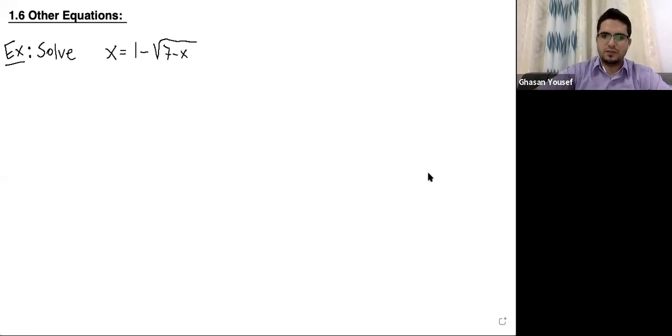Like here, we have to subtract 1 from both sides. So by subtracting 1 from both sides, the 1 and -1 will cancel out.